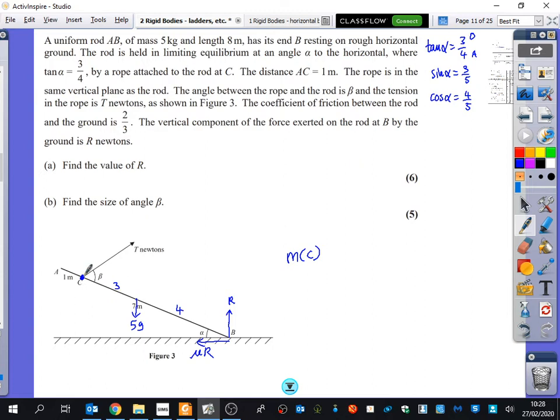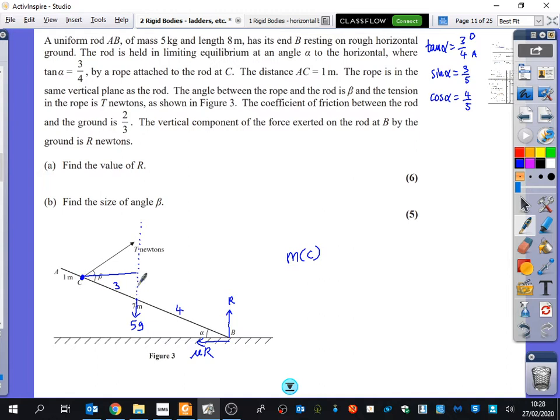Now I can ignore T, and I'm going to think about all of these perpendicular distances to C. This is not fun. 3 multiplied by 5G cos alpha. First, let's deal with this one. Here's the line of action of the force, and we're trying to find the perpendicular distance from here to this bit over here.